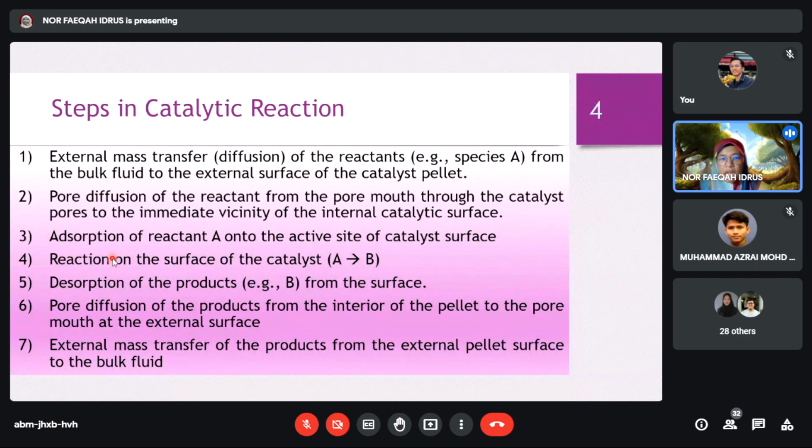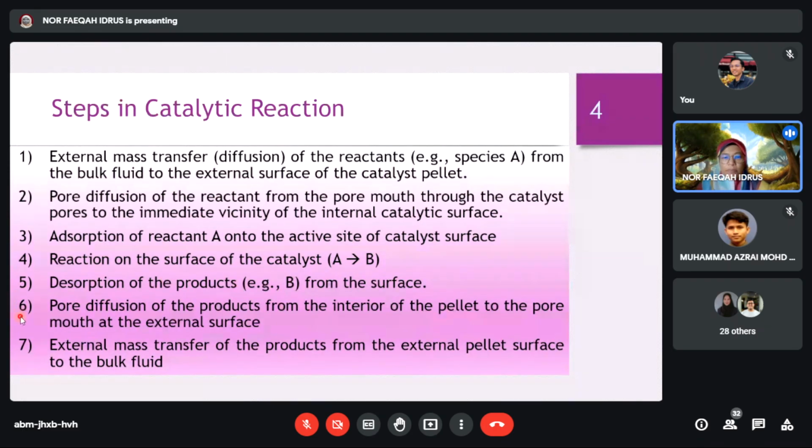Alright, then step 3, adsorption of reactant A onto the active site of the catalyst surface. Then step 4, reaction on the surface of the catalyst, reactant A to produce product B. Step 5, desorption of the product from the surface.